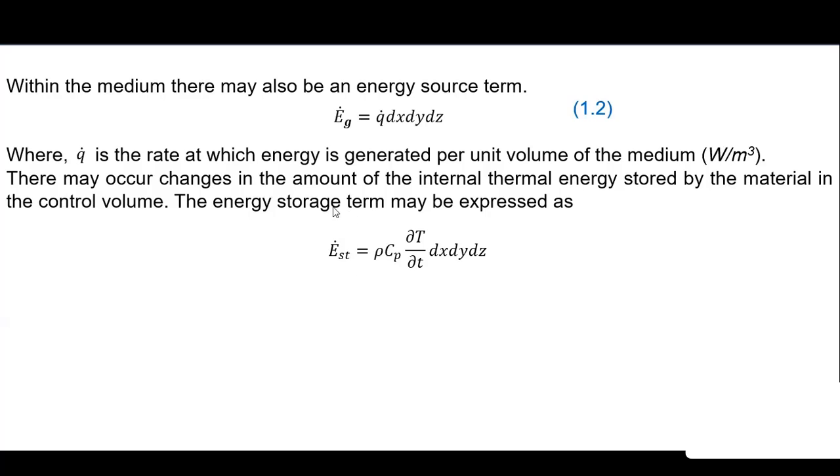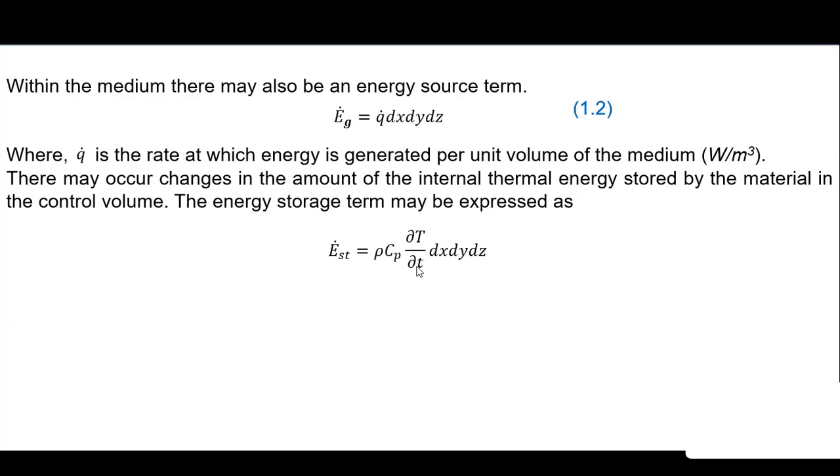We are calling this change energy stored within the object, because this is the energy which is getting stored. It is rho into volume, that is dx, dy, dz, so that is mass into specific heat into change in temperature per unit time.